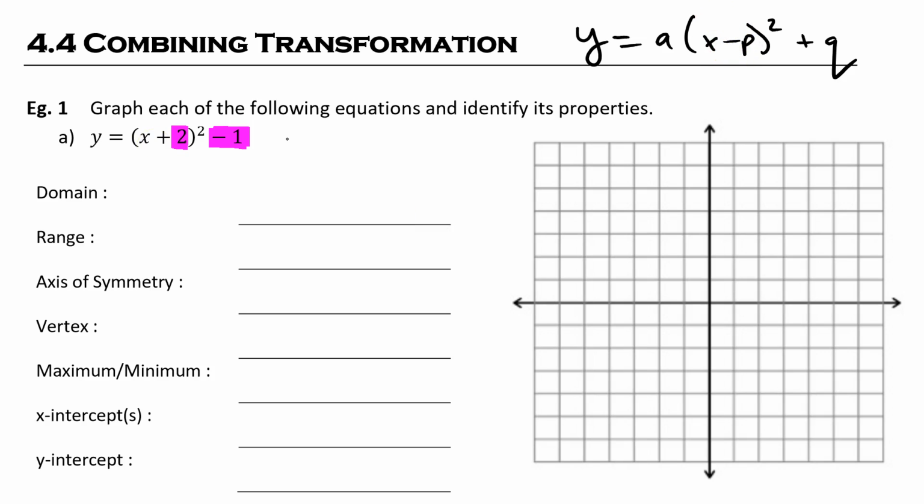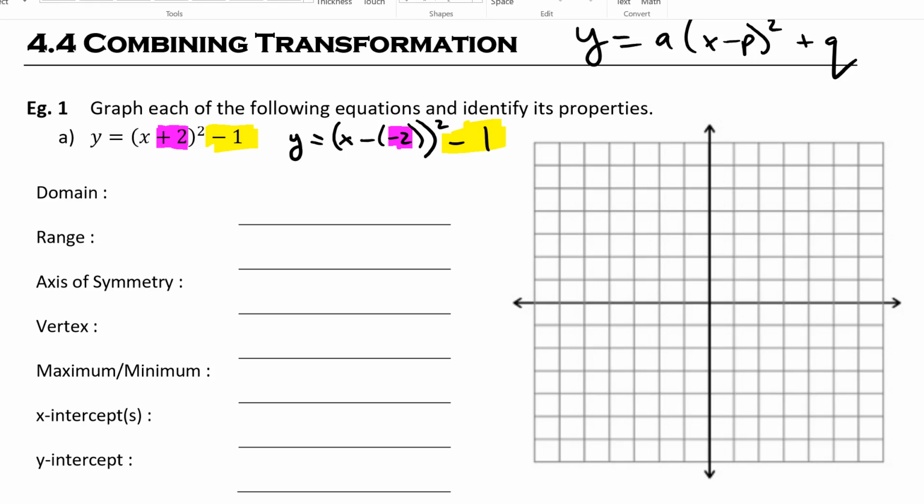So I can say y equals (x minus negative 2) squared minus 1. So what we can see is that our positive 2 and our minus negative 2 are the same thing, just as our negative 1 and our negative 1 are the same thing here.